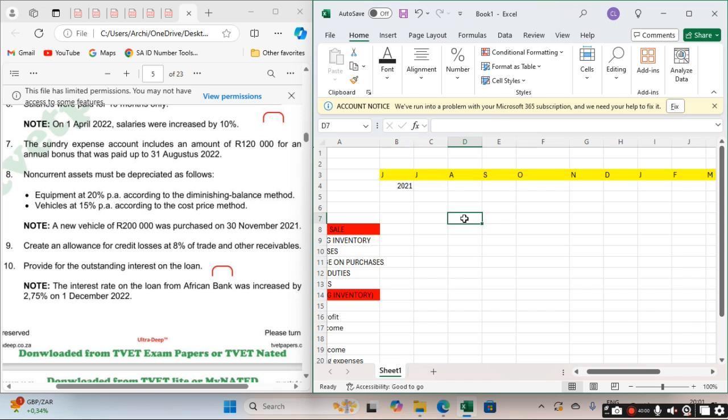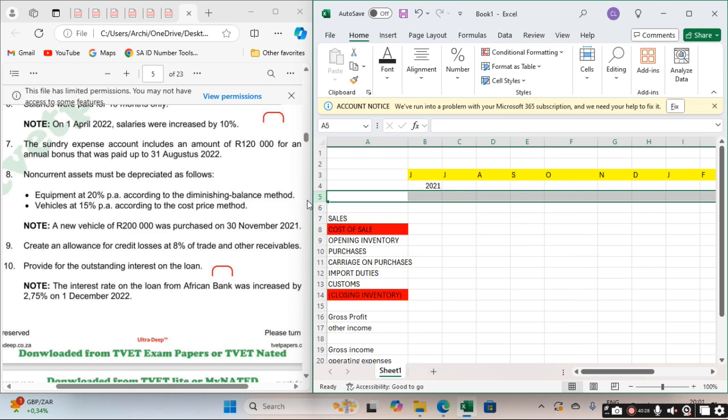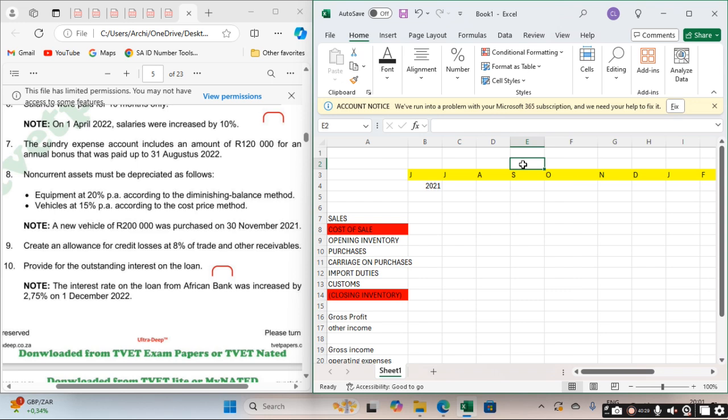From January, when did it increase? 1 December. So from January until November, it was 10%.